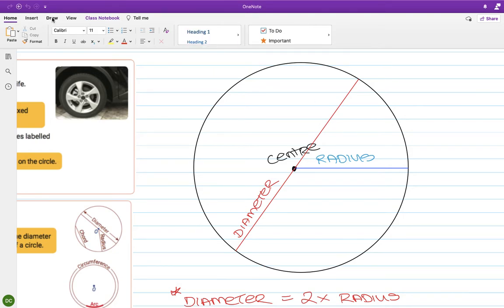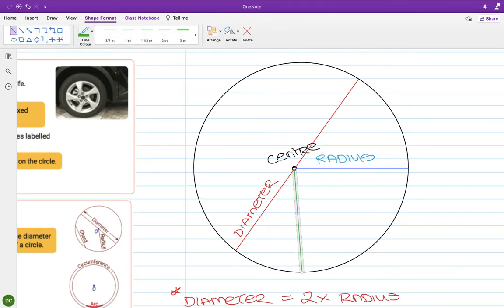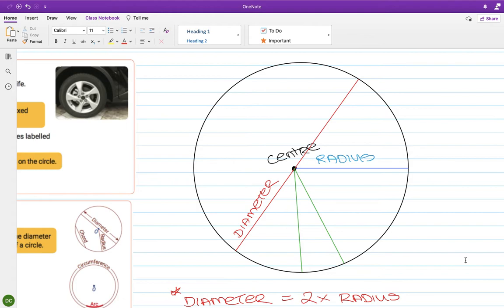Okay, the next one, let's go green. So if we do this, that bit in there is called a sector. Hang on, waiting for it to catch up again.